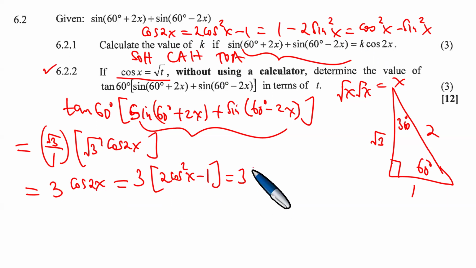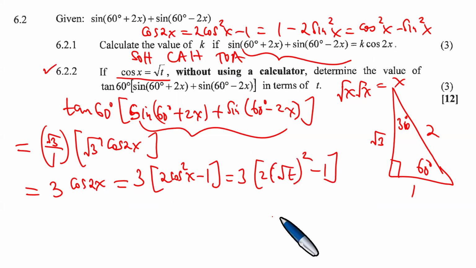Cosine x is the square root of t, so 2 times the square root of t squared minus 1. If you square the square root, it becomes just t, so that we have 2t minus 1.